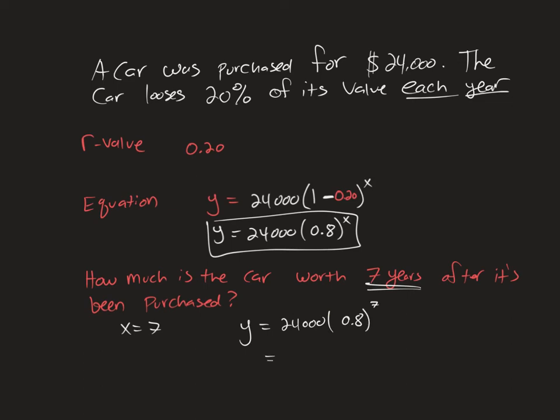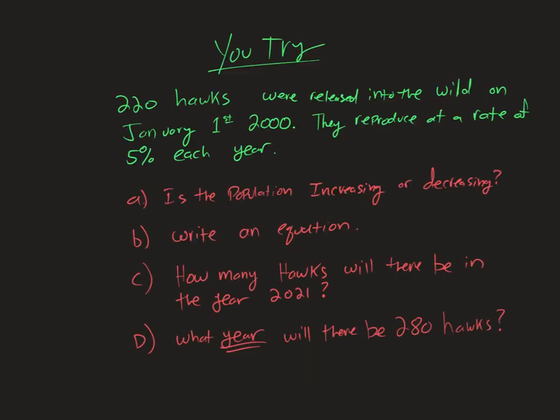My calculator tells me it is $5,033, and I'm going to round to the penny, so 16 cents. The decimal keeps going, but since we're talking about dollars and cents, I'm going to round it. So after 7 years, it's not worth nearly as much as when we originally purchased it.